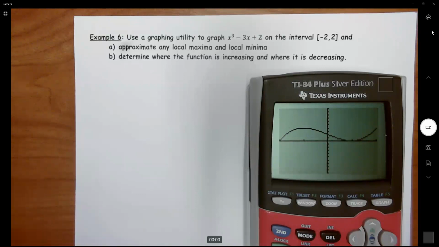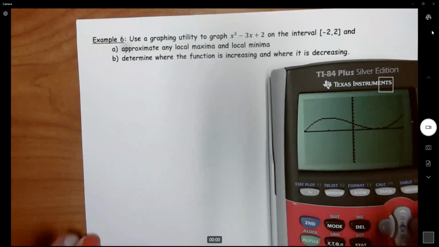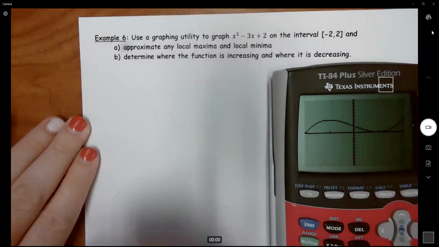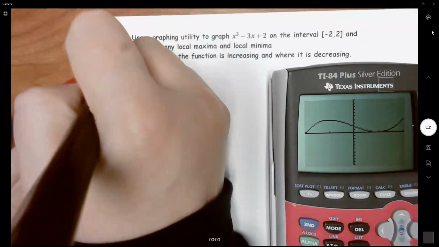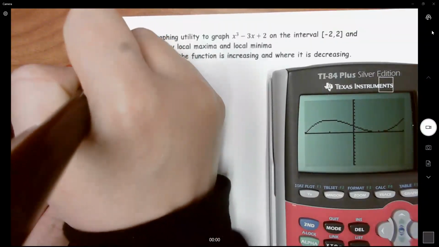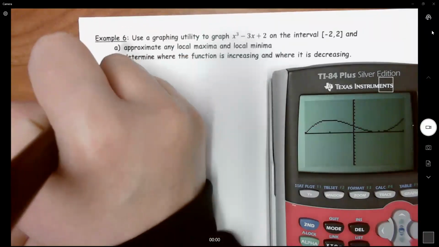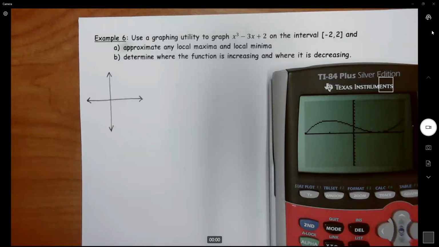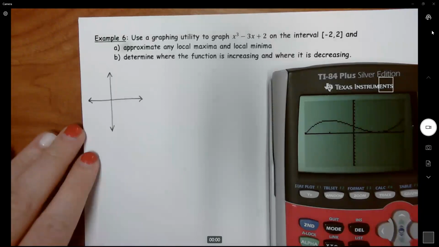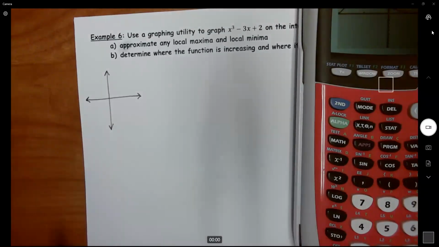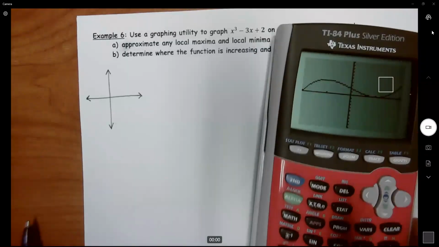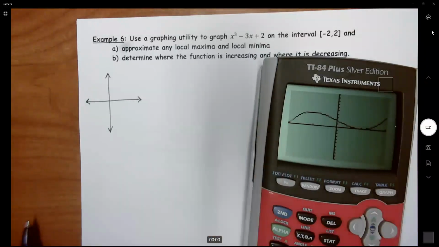So I'm going to do a rough sketch of that on my paper here. I maybe should have done that a little bigger, but that's where we are now. And actually, my graph isn't going forever and ever, right?